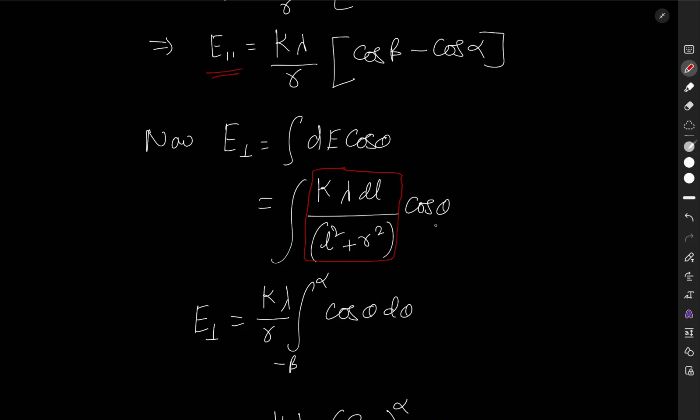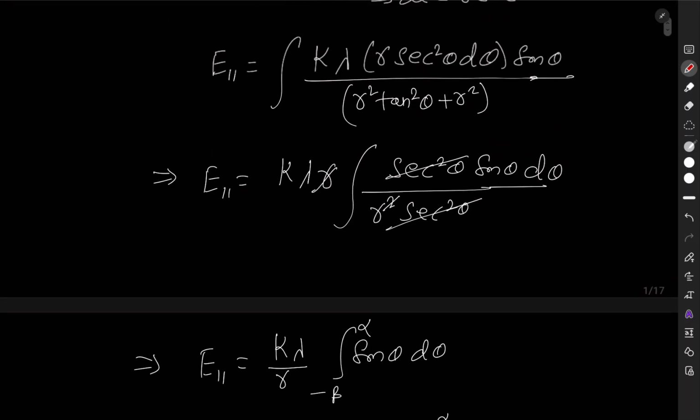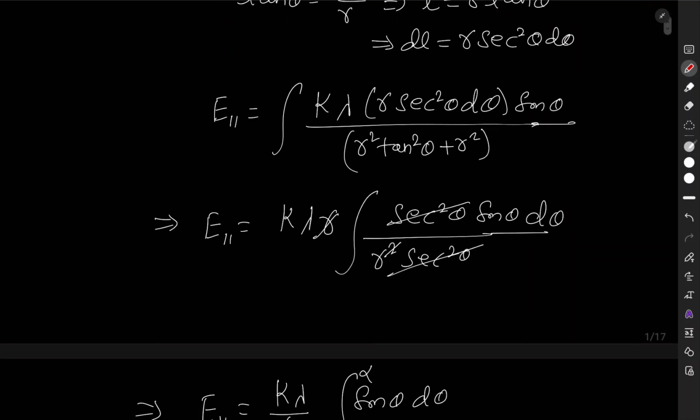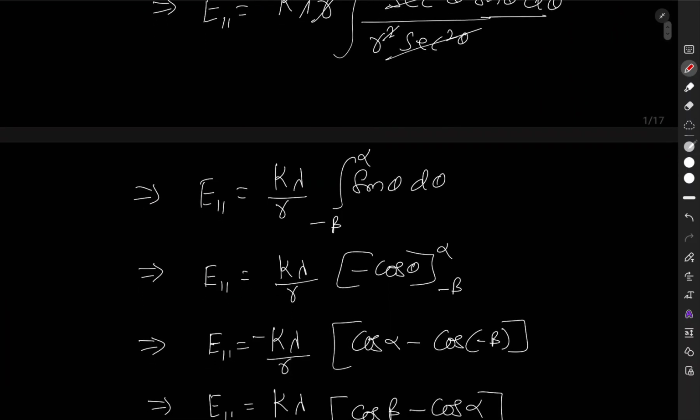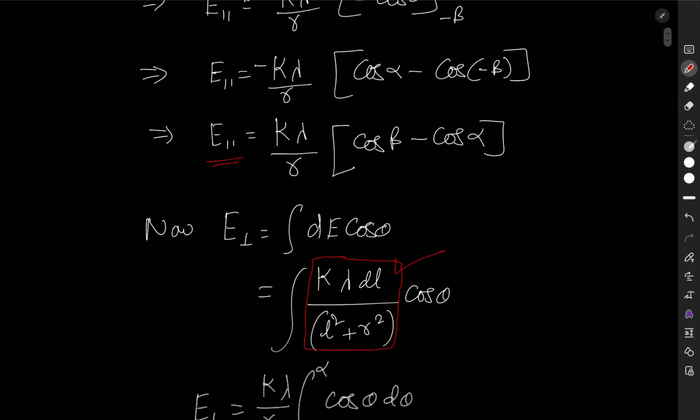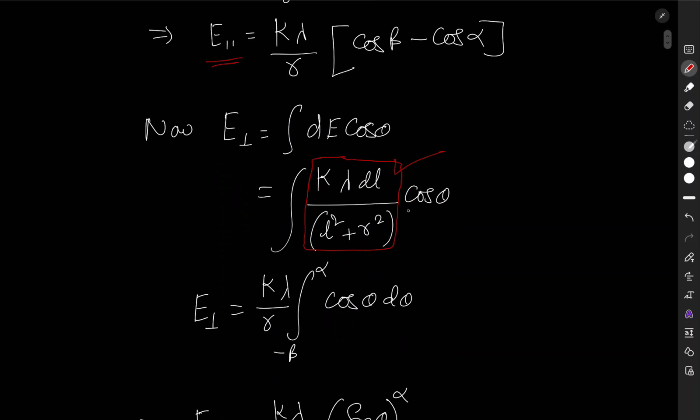So here will be d theta and cos theta, and you can see how we solved this part: k lambda dl upon l square plus r square. How we solved it, we have already seen. There was sin theta before, and now here it is cos theta.